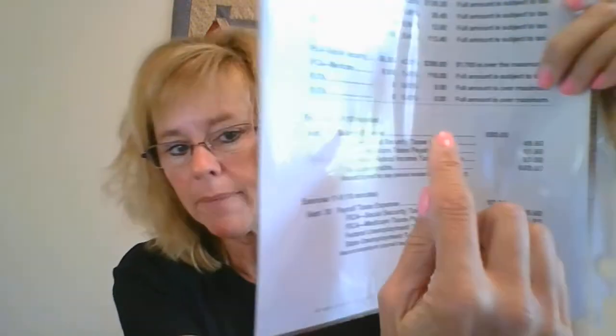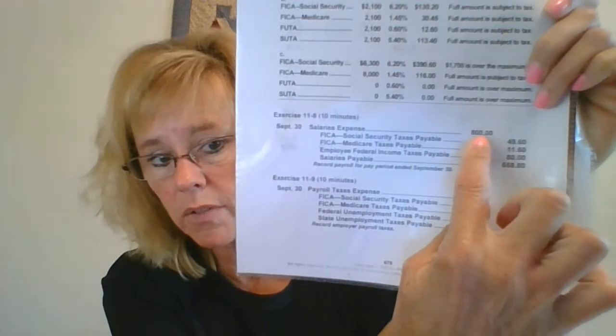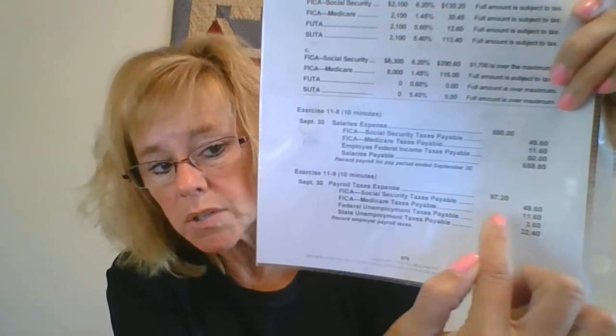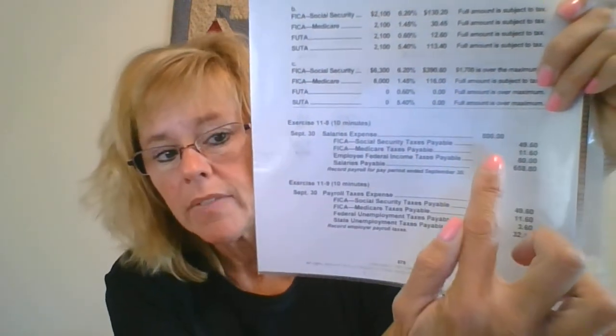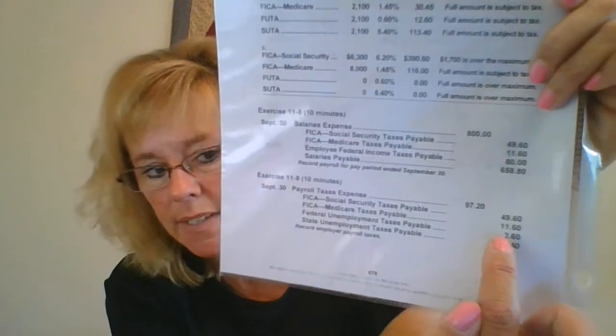Now, the taxes on this are a little more tricky, so you have to be very careful because I notice a lot with the percents. Federal is lower than state because we have to pay in a little bit for Fed, but more goes to the state. All right, so again, you're going to base this off of the gross, so the salaries expense. Social Security and Medicare, dollar for dollar, cent for cent, so they're both exactly the same. Then for the federal unemployment, take your 800. In this case, it was 0.6%, which is 0.006 in decimal form, and that gives you the $3.60.